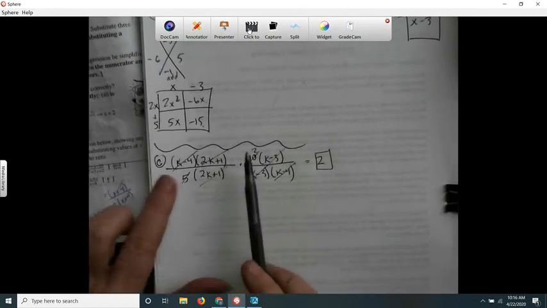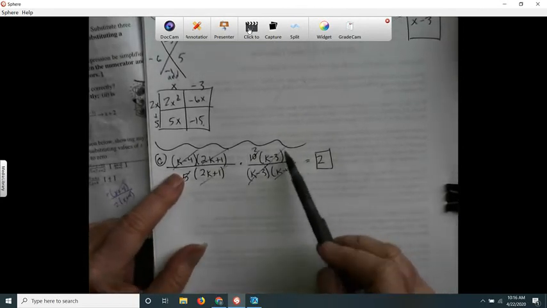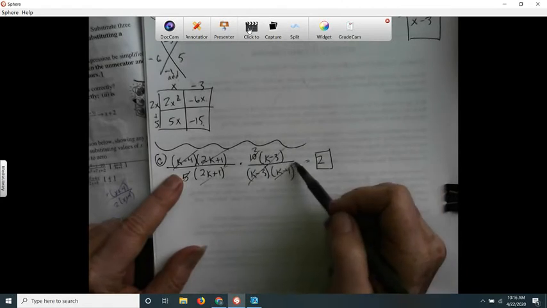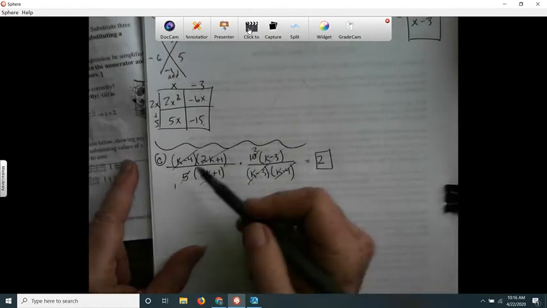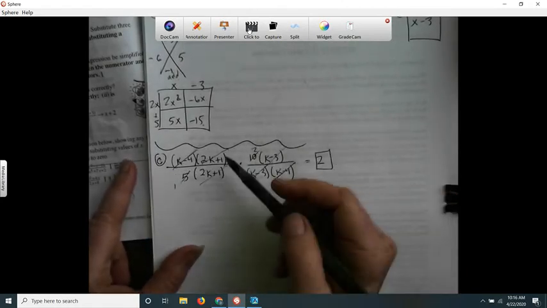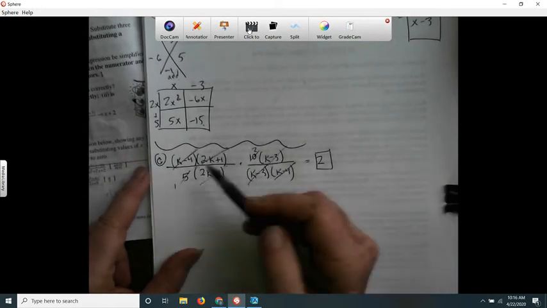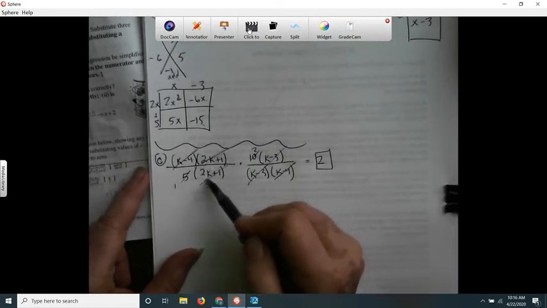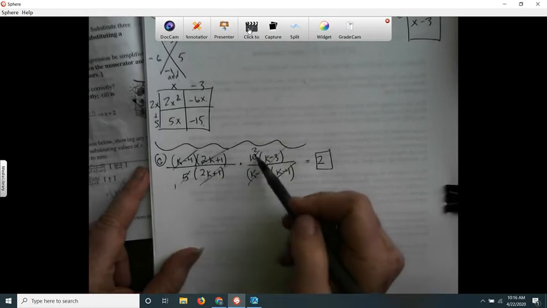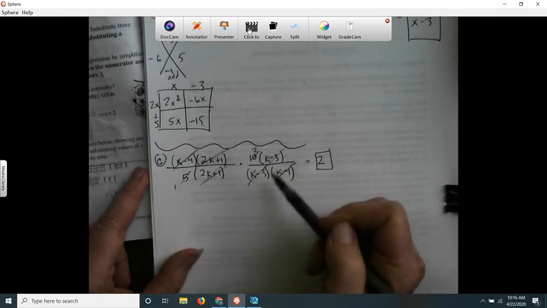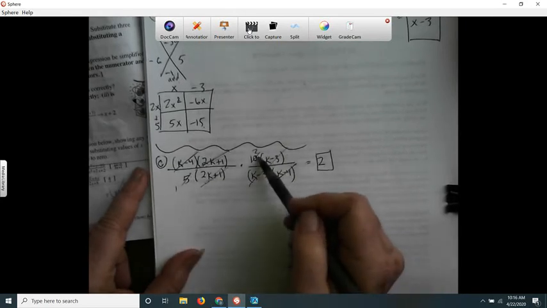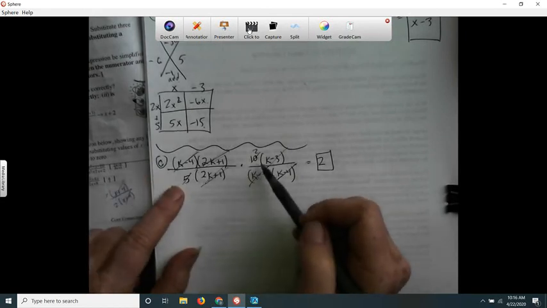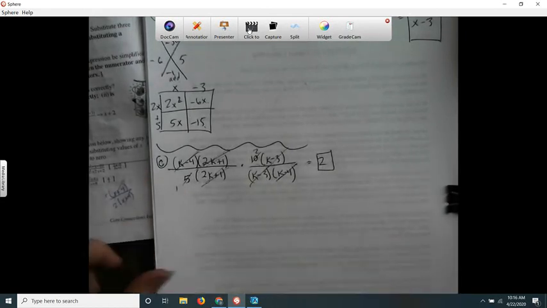So this was the original, and here's the reciprocal, and then I just saw that the k minus 4 and k minus 4 canceled, the k plus these two canceled, the 5 and the 10 canceled, the k minus 3, everything canceled except, when I did the 5 and the 10, I got a 2. That's it.